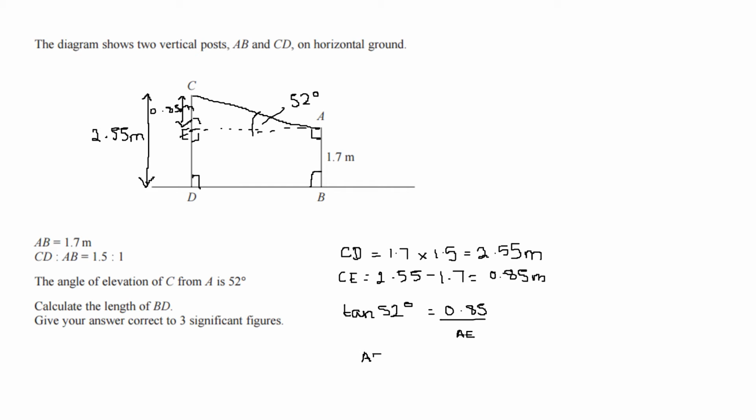Rearranging, AE equals 0.85 over tan 52 degrees, and I'm asked to give my answer correct to 3 significant figures. That will give me 0.664 metres. So BD to 3 significant figures is equal to 0.664 metres.